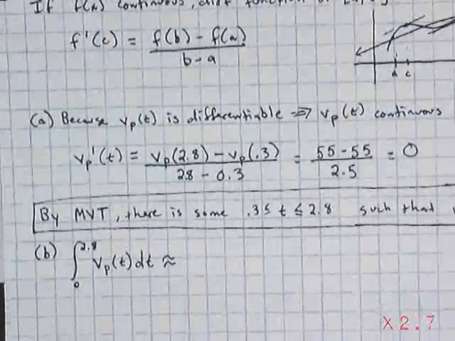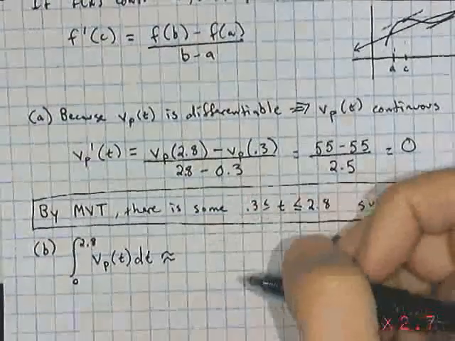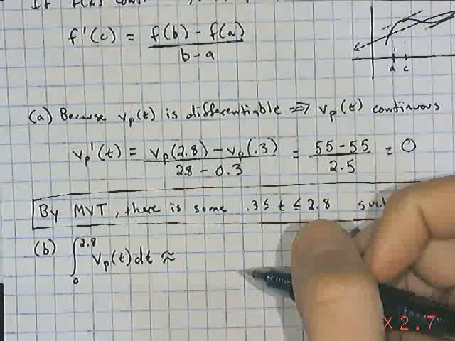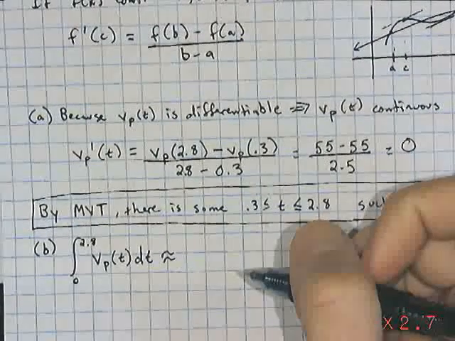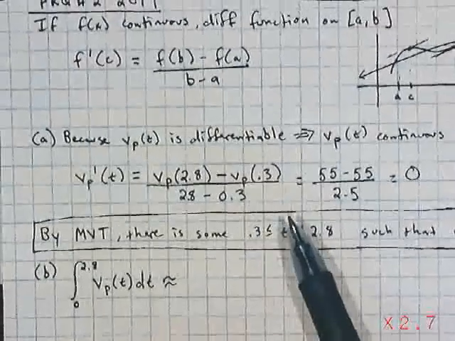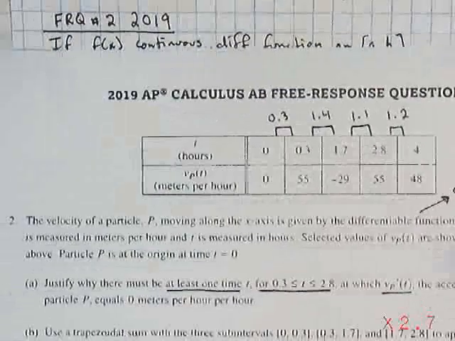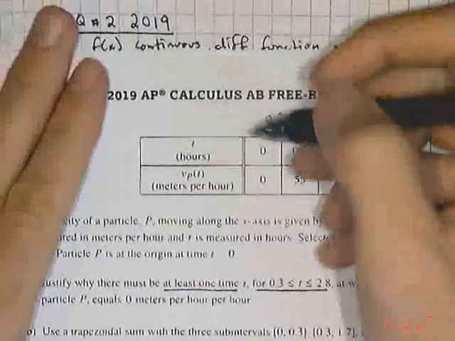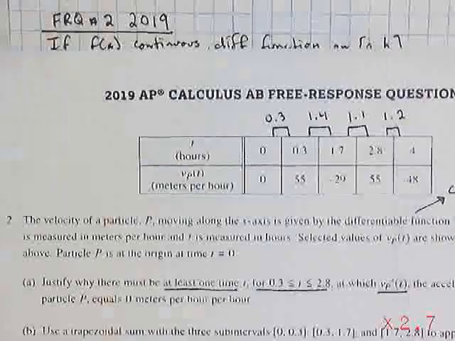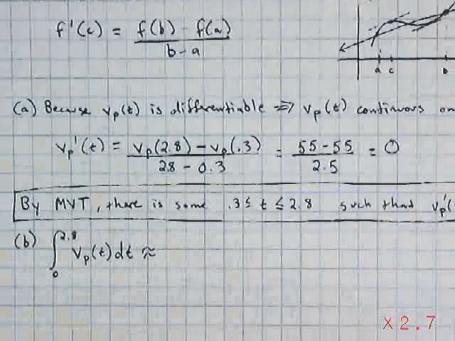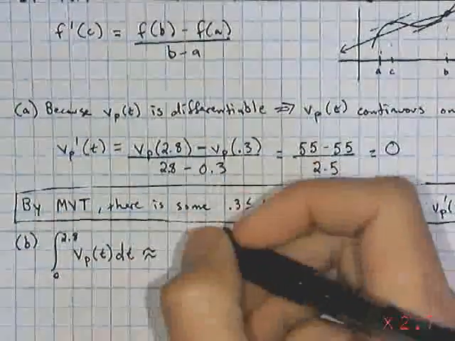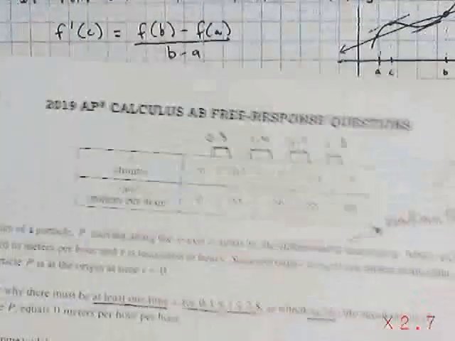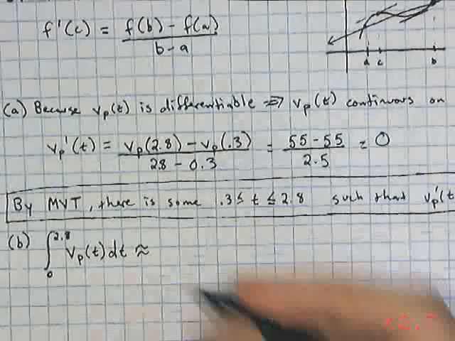Okay, remember trapezoidal sums calculate the area of a trapezoid, which is half height times base 1 plus base 2, where our bases are actually the function values at each of these guys. Remember these are kind of like sideways trapezoids. So for our first trapezoid, our height is the interval, so 0.3.